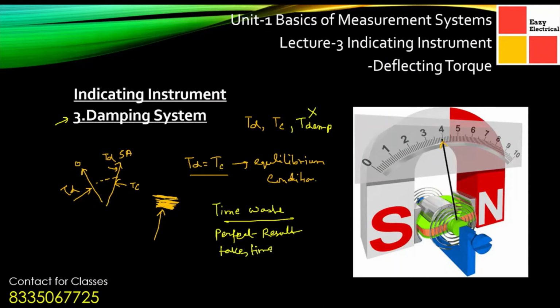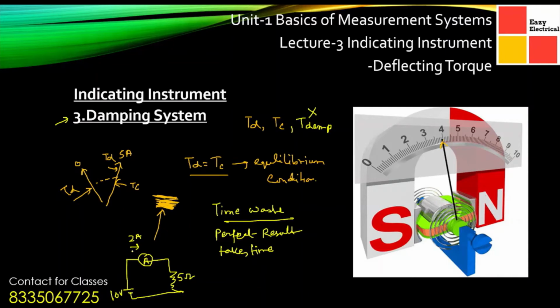Suppose we have connected an ammeter through a load. Suppose it is a 5 ohm load and 10 volt. The 2 ampere reading that we want to see, we want to see instantaneously.